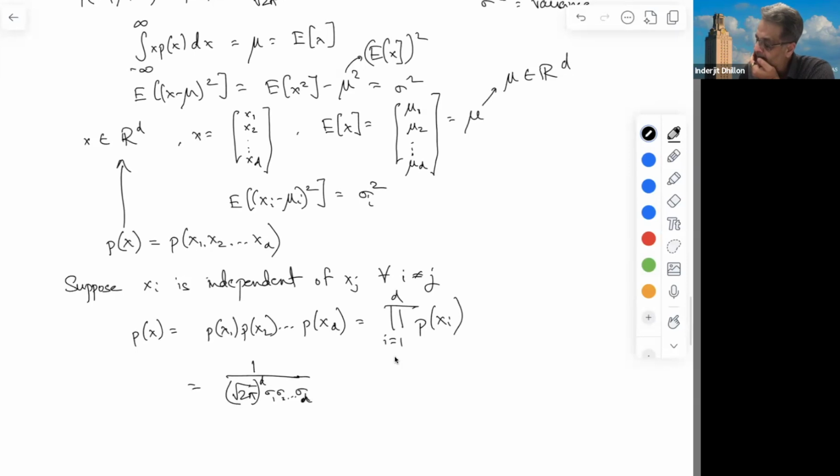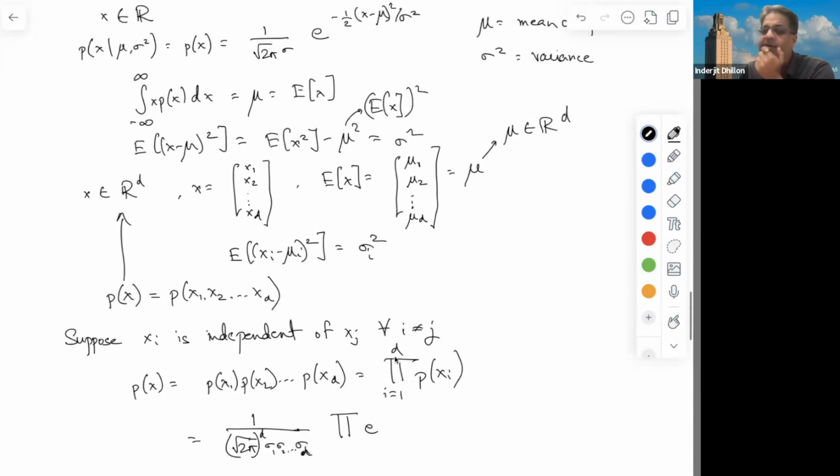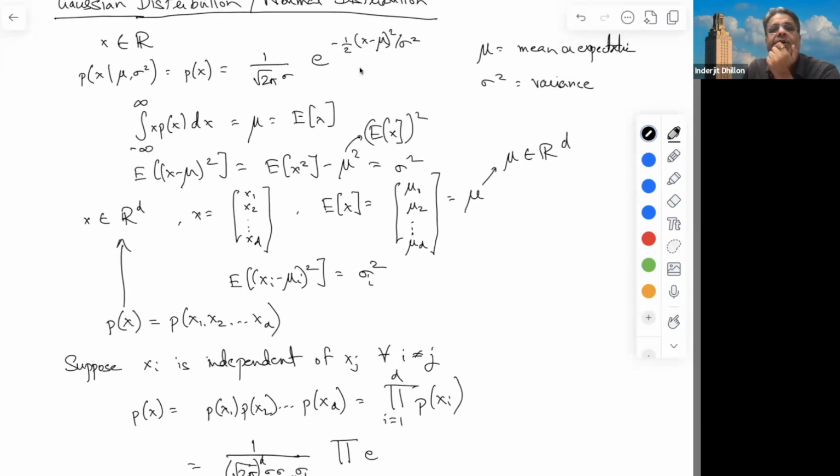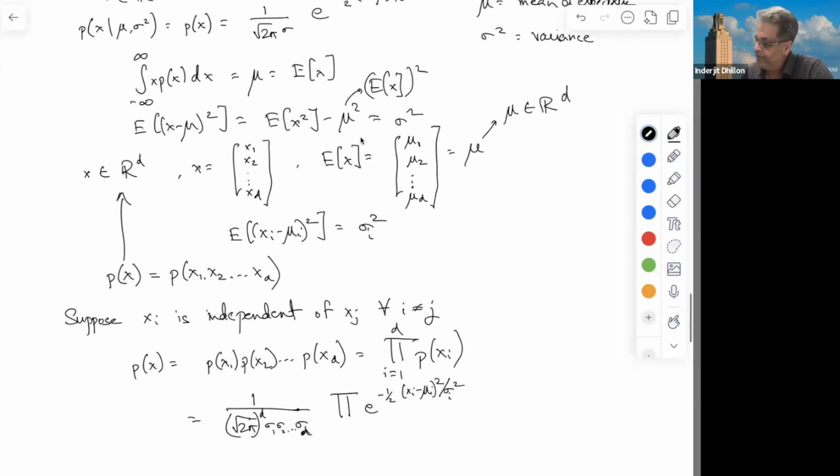And then the thing within the exponential will be a product of e to the power, same as here. I'm just rewriting it over here: e to the power minus 1/2 of xi minus mu i squared divided by sigma i squared. And the product is from i equal to 1 through d.